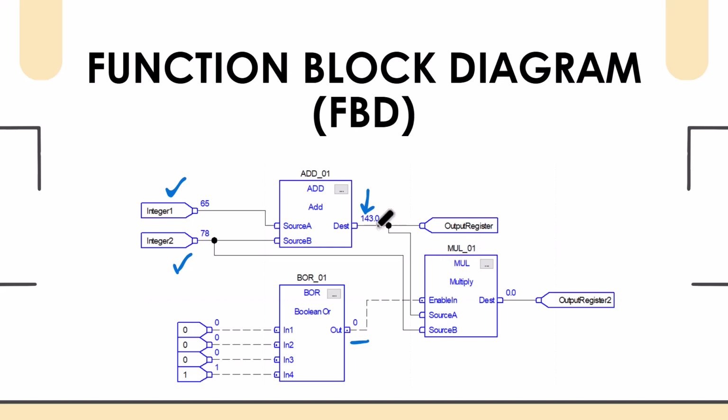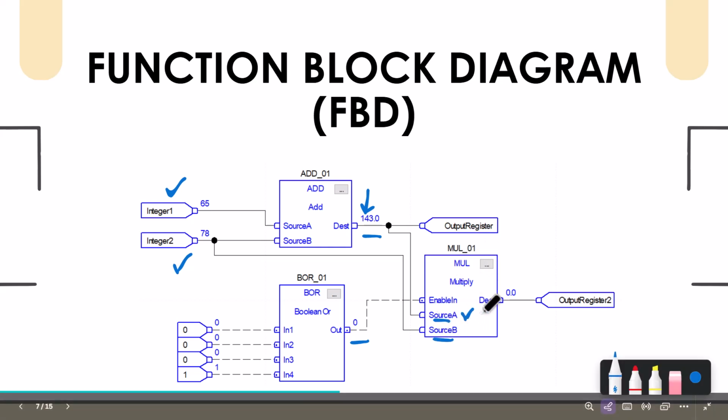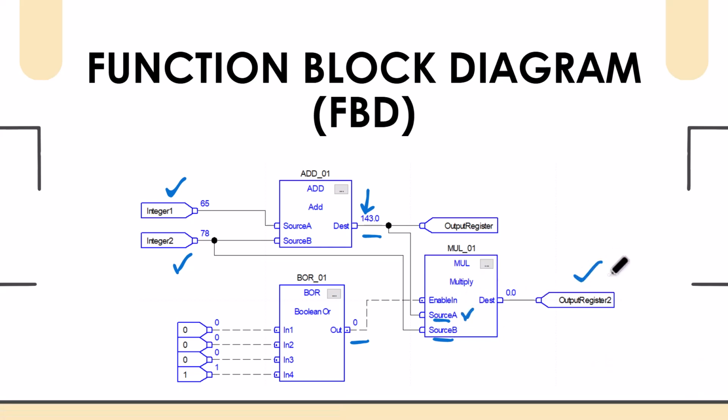Just like the output of this addition, we are giving the output of this addition function block to the input of this multiplication block, and the second integer is directly fed to the other input of the multiplication block, and we are multiplying these two values and storing the result in this specific output register.